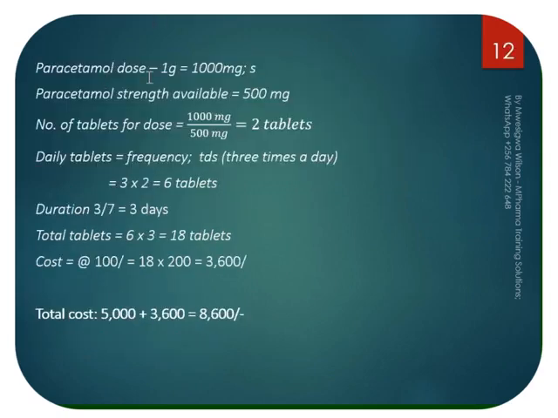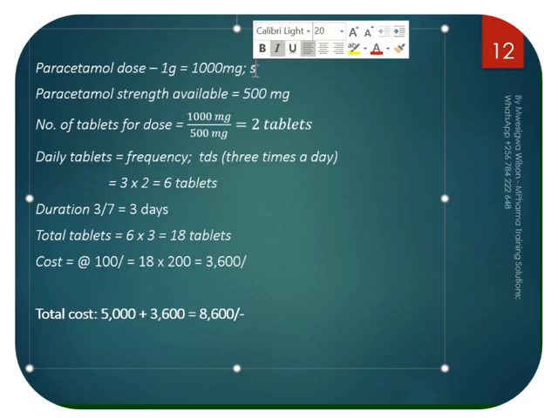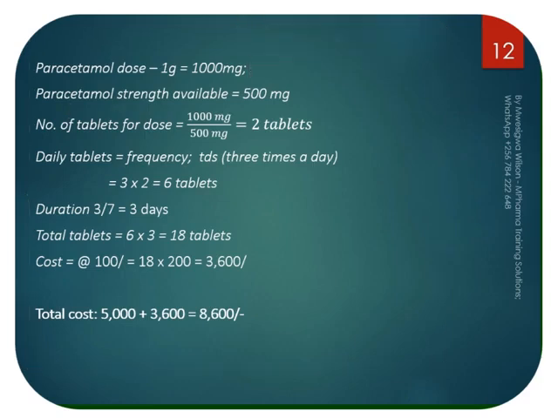For paracetamol, the dose was 1 gram, which is equivalent to 1,000 milligrams, and the strength is 500 milligrams. So the number of tablets is 1,000 divided by 500 milligrams, giving 2 tablets. You can easily convert grams to milligrams depending on the conversion, because we did a session on the systems of measurement, and then you know all these.